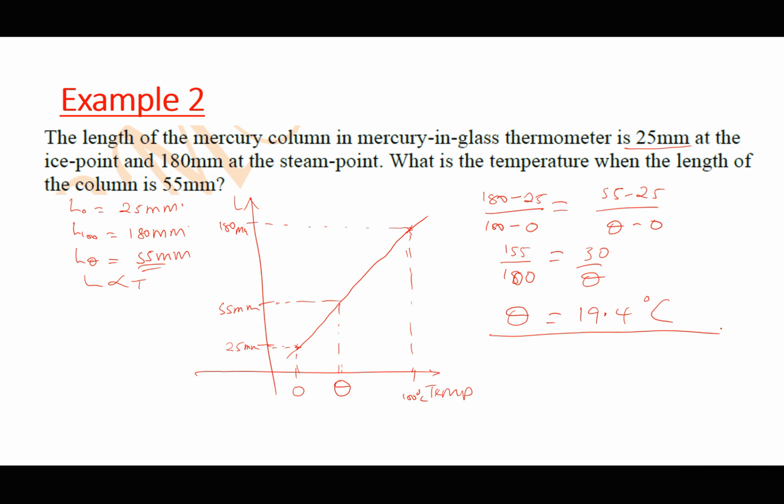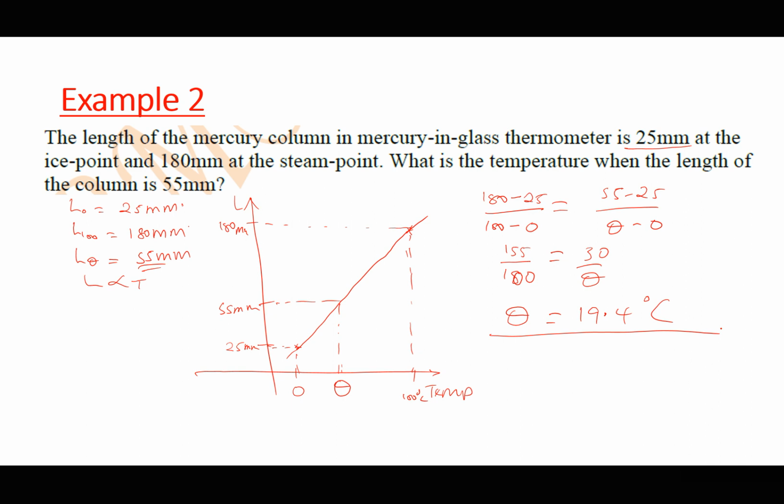By the way, what we are doing is sometimes called calibration. This is sometimes called calibrating a thermometer. To calibrate a thermometer is to make it possible to use that thermometer even when it has no marks on it.